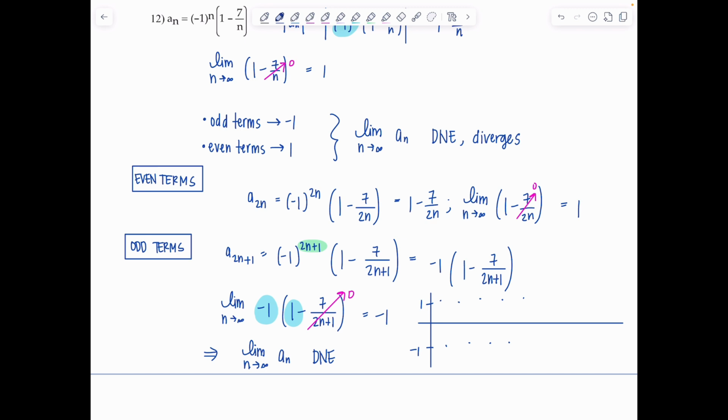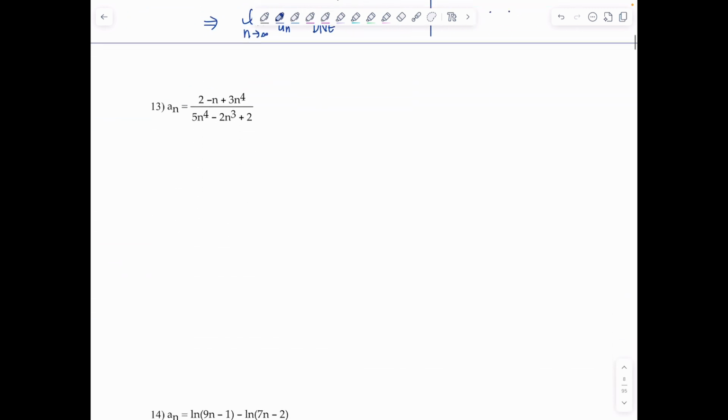So you can't extract a subsequence from a sequence. What's a subsequence? Like all the even terms, all the odd terms. You can't have them approaching different limits. If your sequence is convergent, all the subsequences have to converge to that same limit. I hope that makes sense. Okay, enough with that. Let's look at some more, okay?